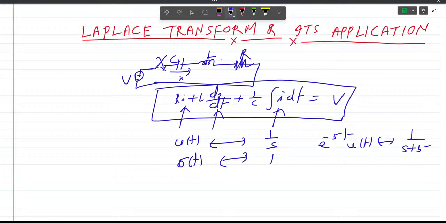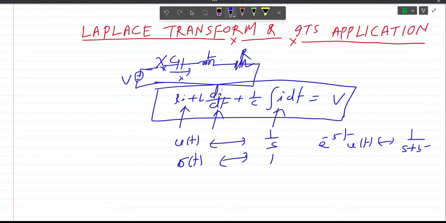So when we factorize the transformed equations and look up the transform pair table, then in one go we can find the time domain solution for the circuit. That is the inherent advantage of applying the Laplace transform. As I told you, it gives the complete solution in one operation.